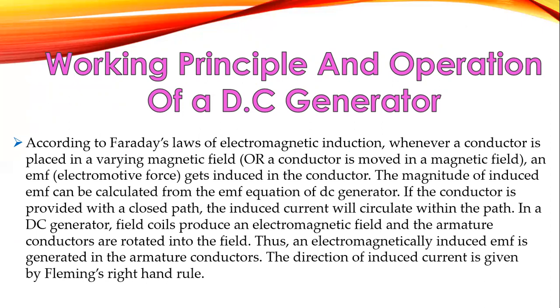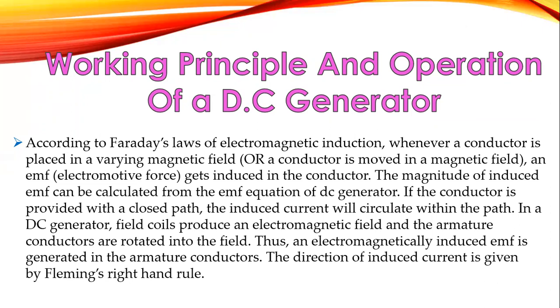Working principle and operation of a DC generator. According to Faraday's laws of electromagnetic induction, whenever a conductor is placed in a varying magnetic field or a conductor is moved in a magnetic field, an EMF, electromotive force, is induced in the conductor.